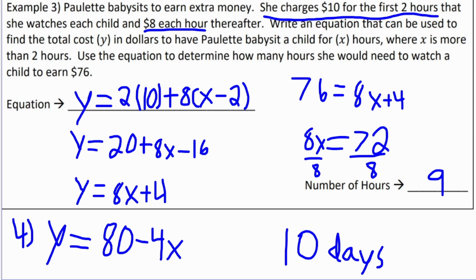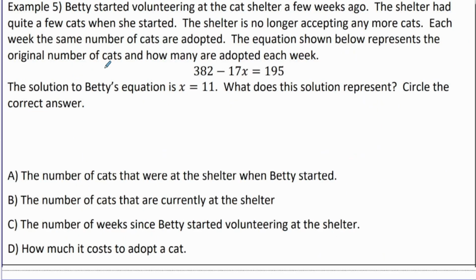And hopefully you found that 10 days is the total number of days it would take to eat half the candy at that rate. So hopefully you're able to find those two answers. And let's move on to number 5.